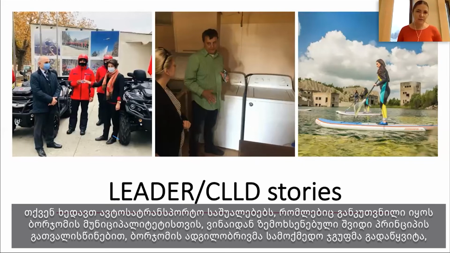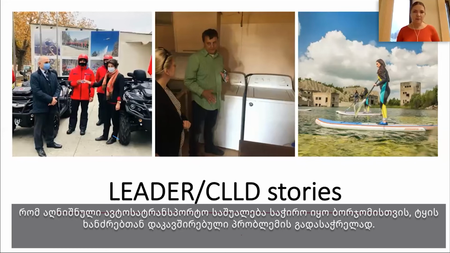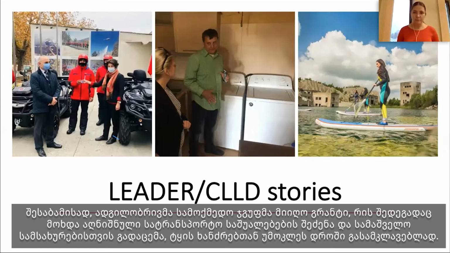They are meant for Borjomi municipality, because using those 7 principles, the Borjomi LAG decided that these vehicles are needed in order to tackle a local problem related to forest fires. The local action group got a grant, and as a result, those vehicles were purchased and handed over to the rescue service to be used in Borjomi to address forest fires as soon as possible.